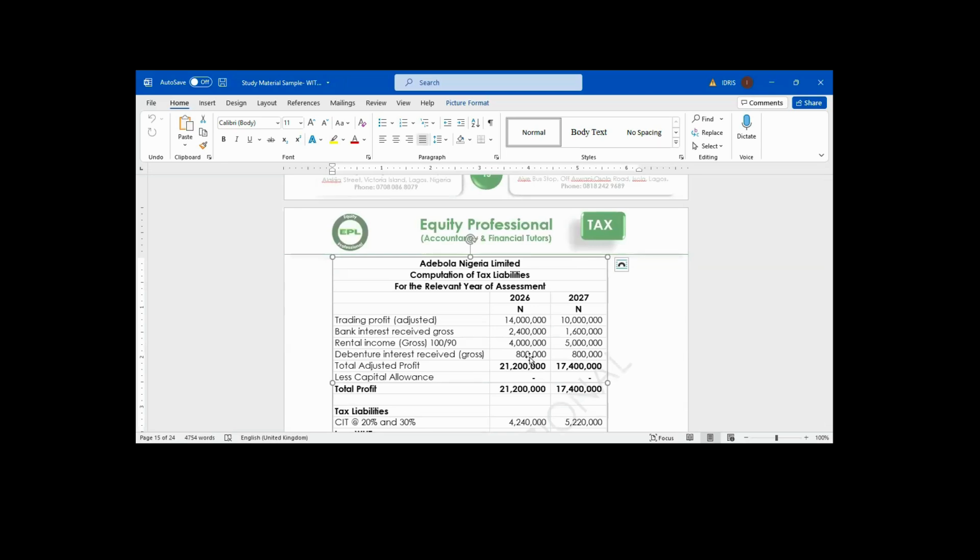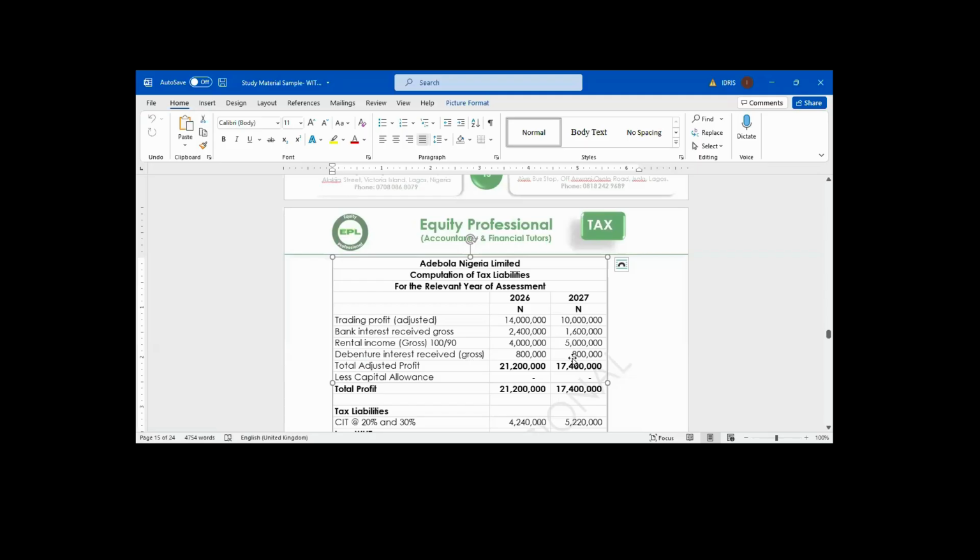It is net. If you are computing the tax, you have to use the gross amount. Anytime withholding tax has been deducted from income, if you want to make use of the income in your solution, you must gross it back. Do you understand?